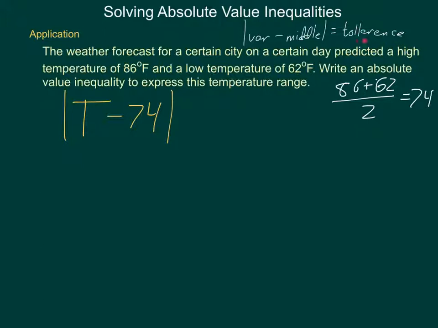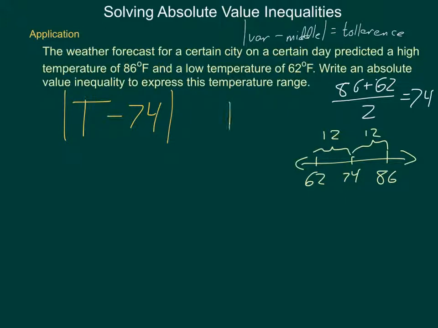And then the piece I need is tolerance. The tolerance is the distance from that middle to either endpoint. So if I were to pull out a number line, and I have 62 on here, which was the expected low, 74 for the middle, 86 for the high, how far is it from either the low temperature to that middle or from the middle to the high temperature? In both these cases, it is 12.